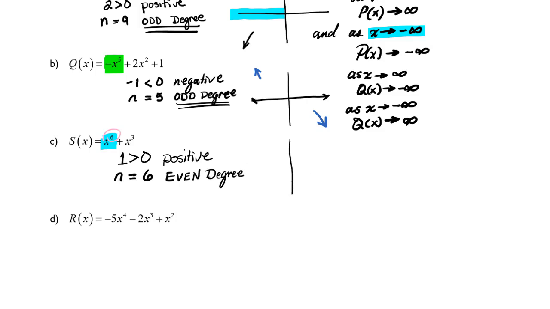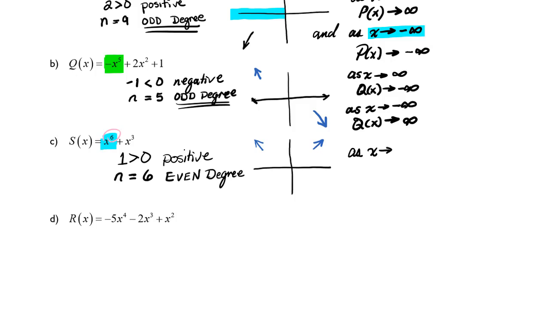That gives me enough information to sketch the graph of the end behavior. If the leading coefficient is positive and the degree is even, the end behavior will be in the top left and top right quadrants. That gives me the ability to write my end behavior.